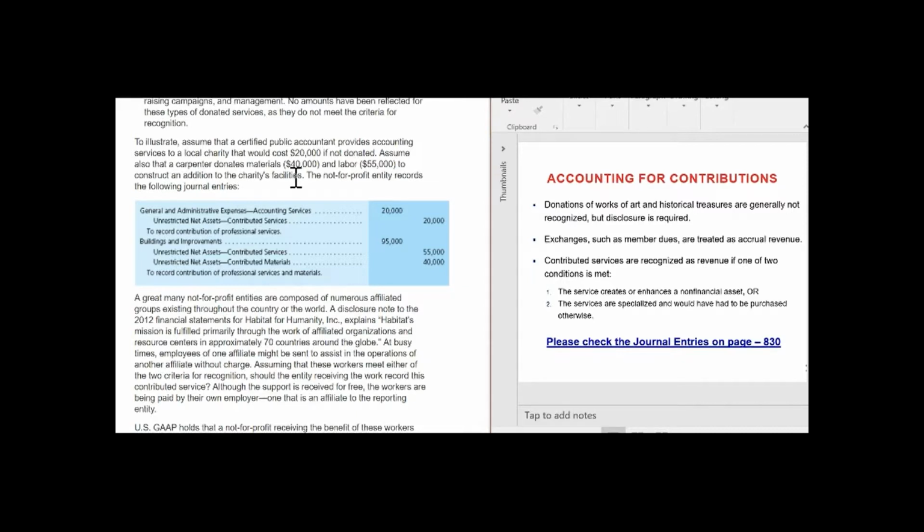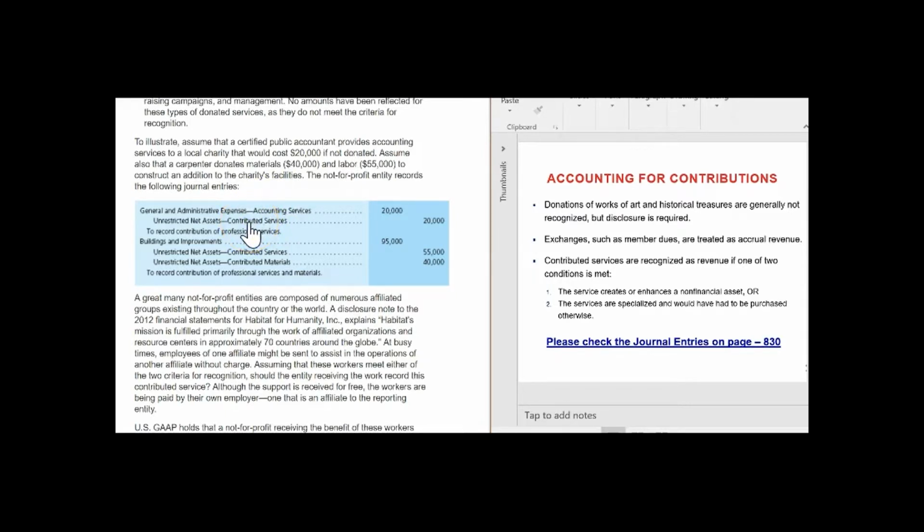For the first item, they will of course recognize an expense, and they will call it general and administrative expense, and to reflect the other side of their entry, they will use the unrestricted category of their net assets.